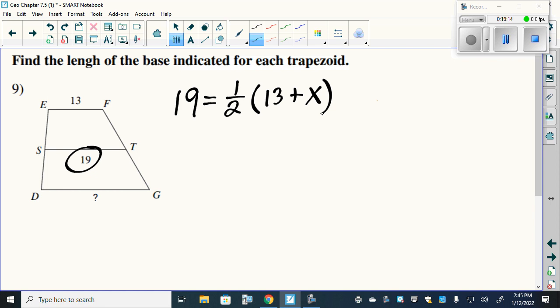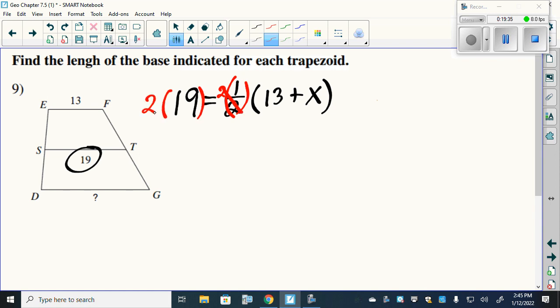We can, but there's an easier way to do this. If I multiply this entire side by 2, what is 2 times 1/2? 1. This here would simplify to 1 and would cancel out.